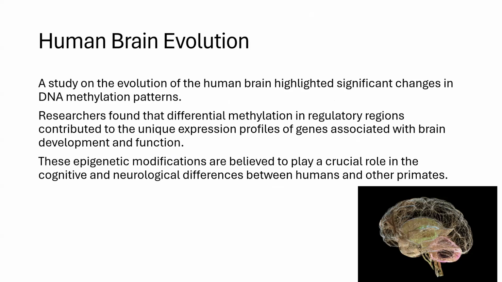There have been significant changes in the human brain with respect to DNA methylation patterns, which is going to be fascinating to a lot of people because perhaps we can optimize our brain health a little bit by getting properly methylated. That's not a surprise to many people in my community, but the researchers in the study that motivated this part of the presentation found that differential methylation in regulatory regions contributed to the unique expression profiles of genes associated with brain development and function in the first place.